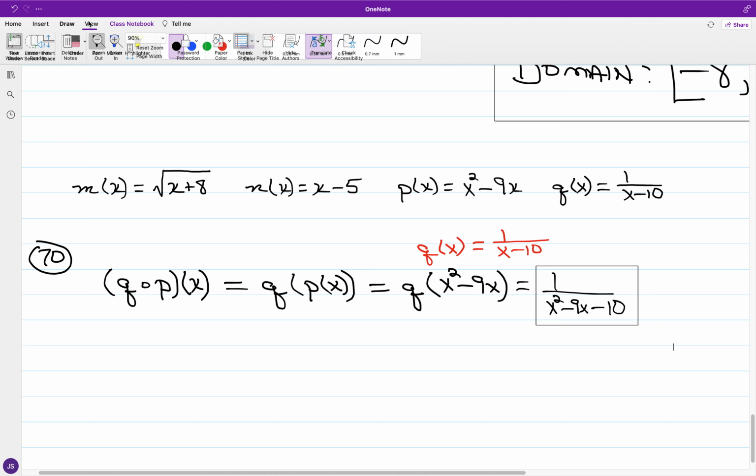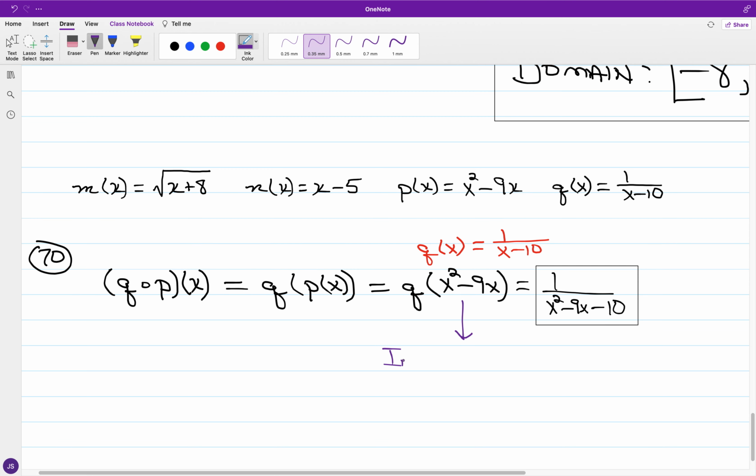Now, for the domain, x squared minus 9x, you don't have a fraction or an even root radical, so on the input side we have no restriction. For the final output, we're going to have some restrictions since we have a denominator in this rational function, an expression that cannot be equal to 0.